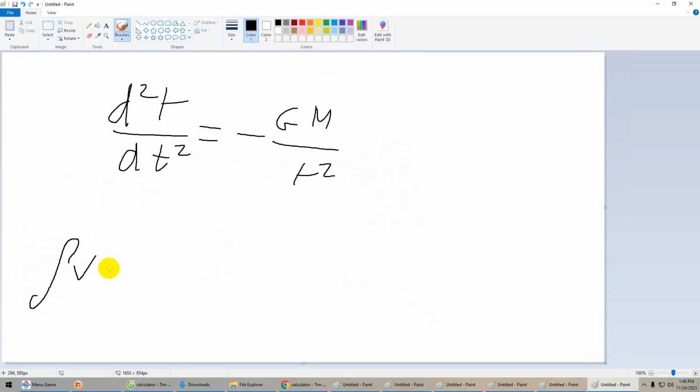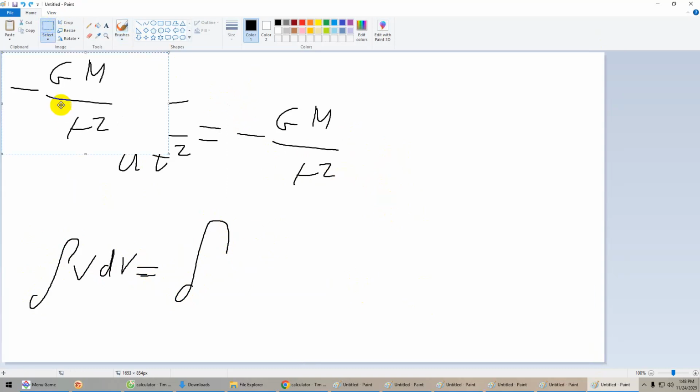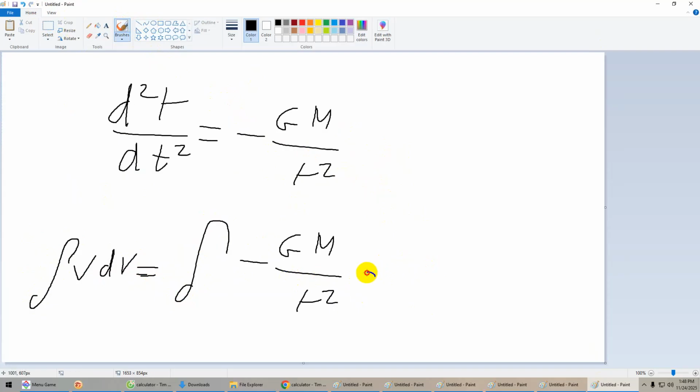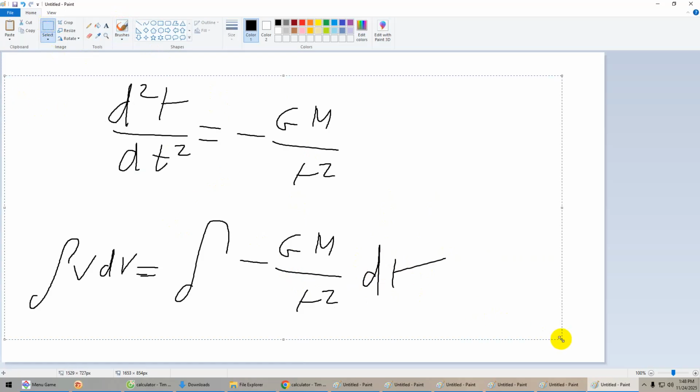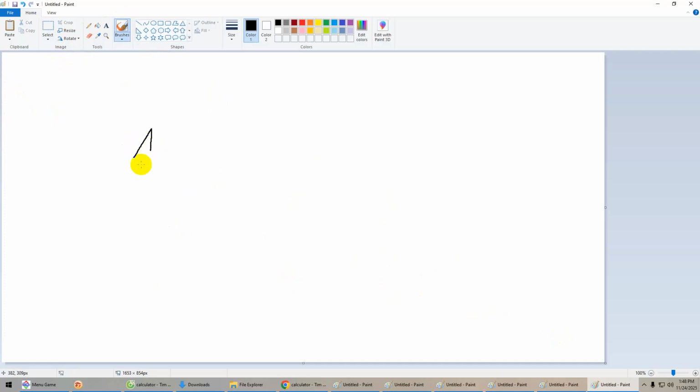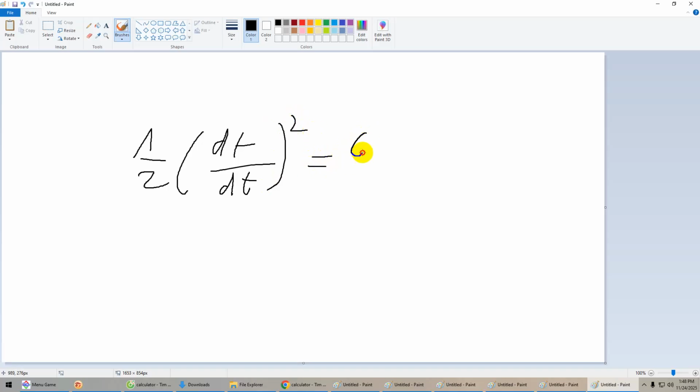The integral of v dv is equal to the integral of this term dr. So in the end we have 1/2 (dr divided by dt) squared equal to GM over r plus a constant, let's call it k.